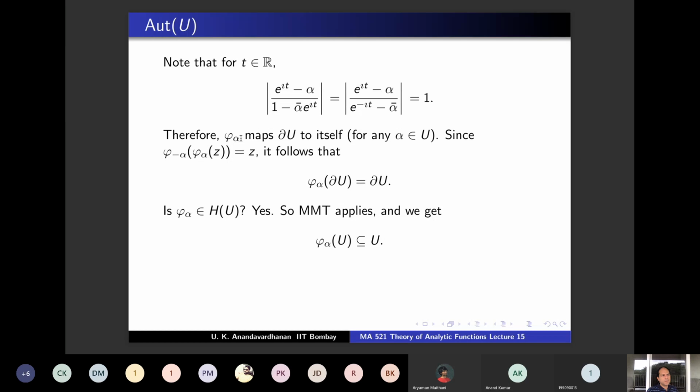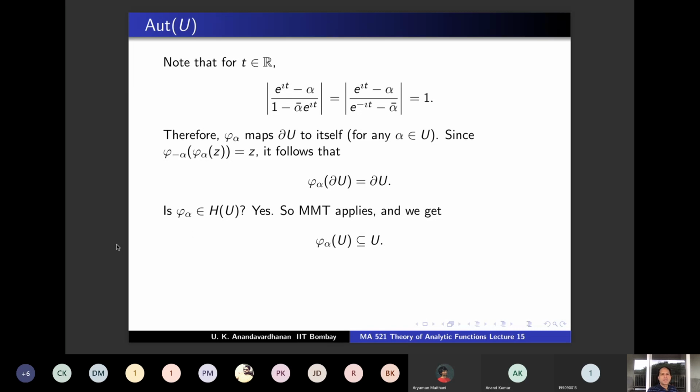There's no local maximum, and if equality is attained with a boundary value, then it has to be a constant. And phi alpha is not a constant function, clearly. So because it's not a constant function, in the interior the value should be strictly less than the boundary value. So phi alpha of z modulus has to be strictly less than 1 by MMT. Therefore, this is contained in U.